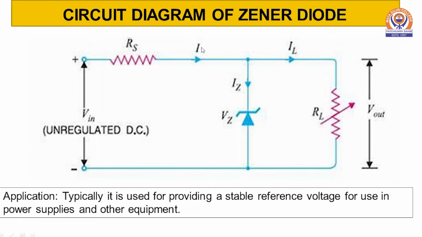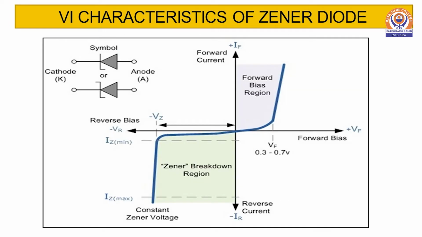I is the amount of current flowing through the source resistance RS. IZ is the Zener current. IL is the load current. So typically the main application of this circuit is that we will get the stable reference voltage as an output. At that breakdown voltage, the current increases at a particular breakdown value.